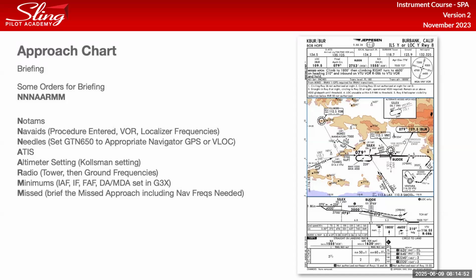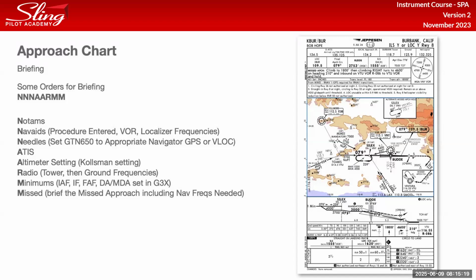So this is in-flight, you're getting ready to set up for the approach. Maybe it's for a really long flight. Now that I'm thinking about it, this is good to have in here. You've already checked the NOTAMs on the ground, you should have already done that in the aircraft.